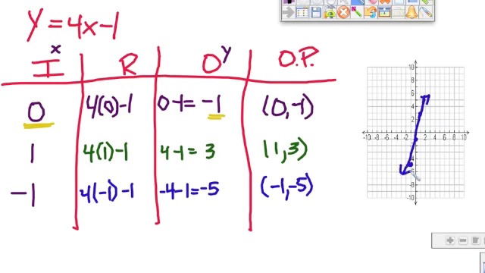Alright. Did I create a function? If you remember from the previous lesson, if I do the vertical line test, at any point I can draw vertical lines. Does it only hit the graph once? So this is yes. It is a true linear function.